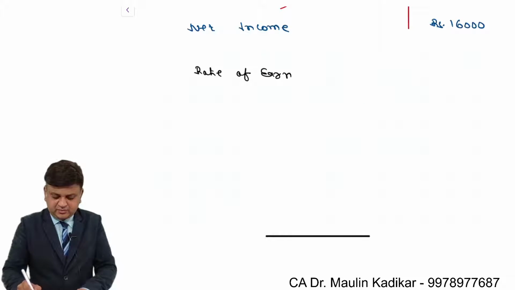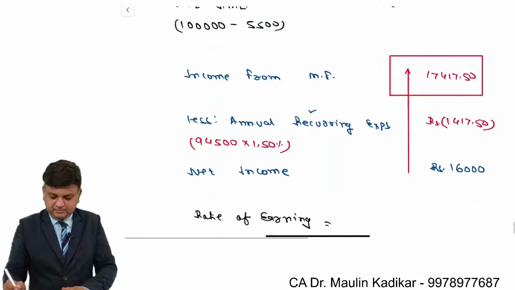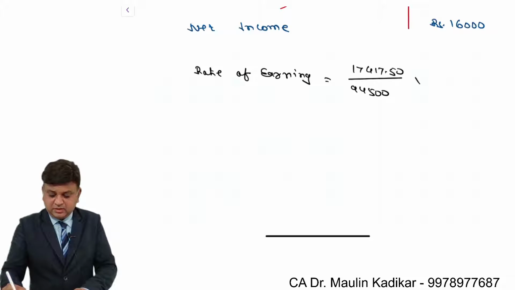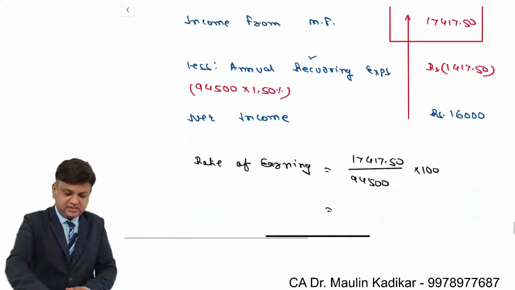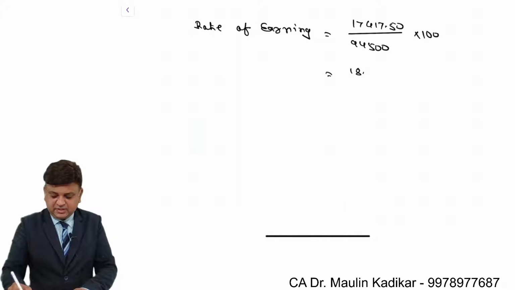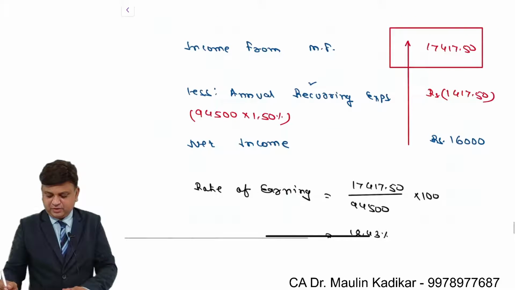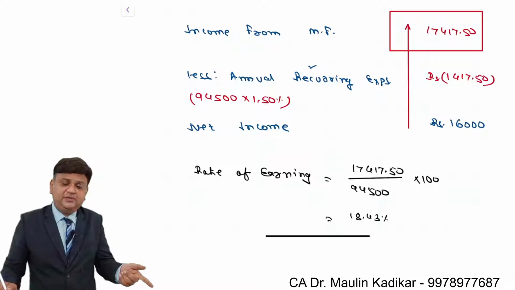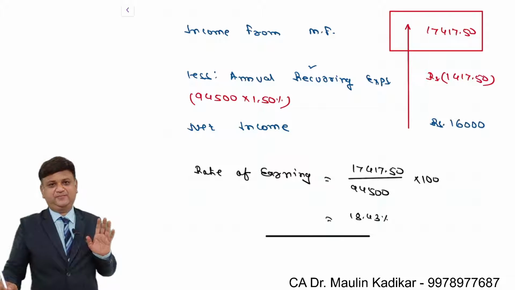So the rate of earning of the mutual fund should be 17,417.5 divided by 94,500 into 100 for getting the answer in percentage term. So the final answer is 18.43 percentage. So minimum rate of earning of the mutual fund should be 18.43 percentage, so that Mr. A can be given a return of 16 percentage. That is what we understand.